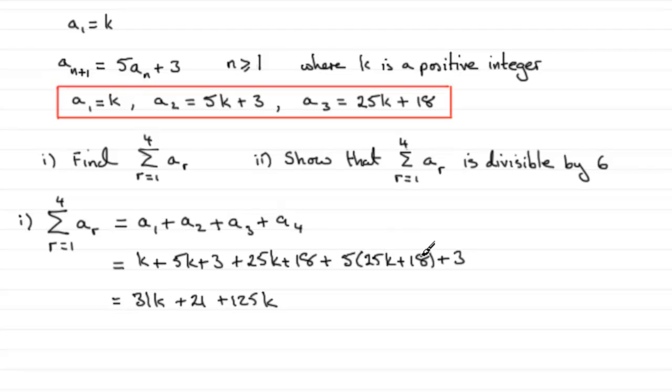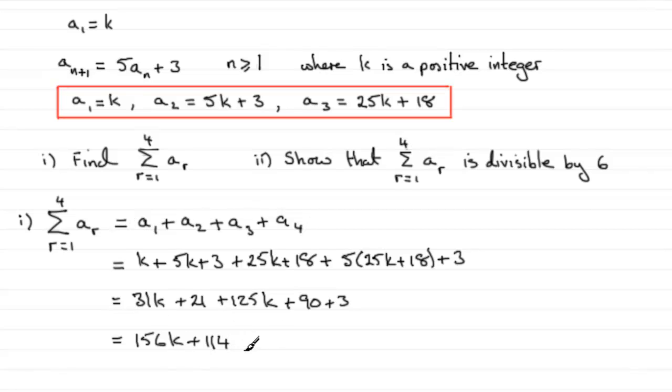And then you've got 5 lots of 18, so that's 90, and then plus the 3 on the end. So if we simplify this further, 31k and 125k is 156k, and then 21 plus 90 plus 3 comes to 114. So that's sigma of the first 4 terms, the sum of the first 4 terms of the sequence in terms of k.